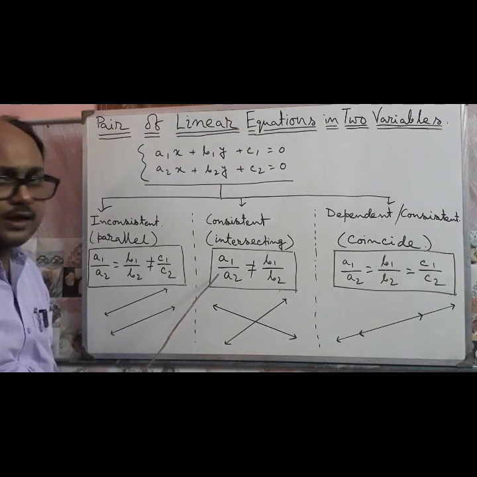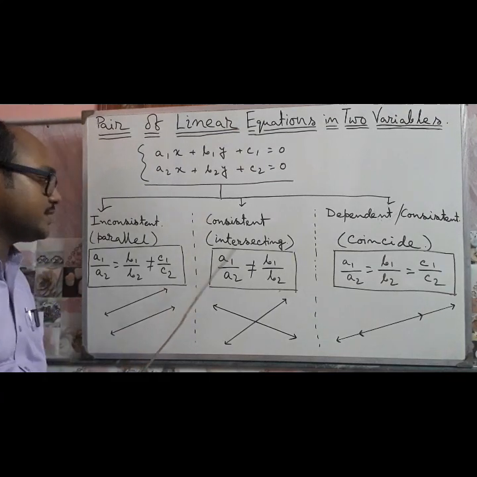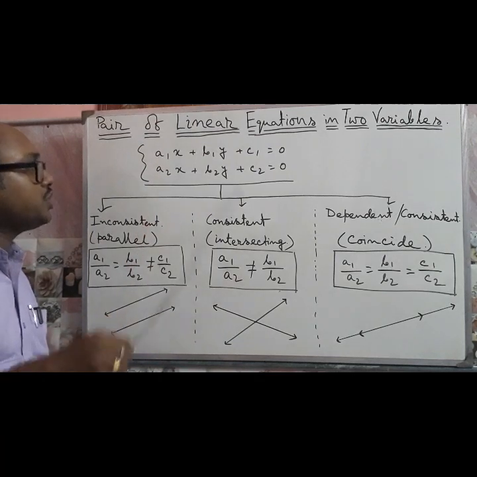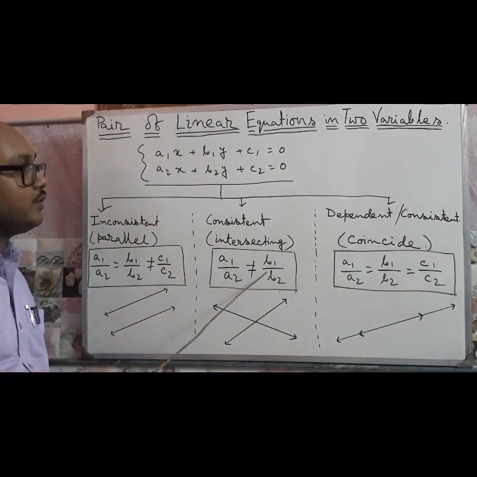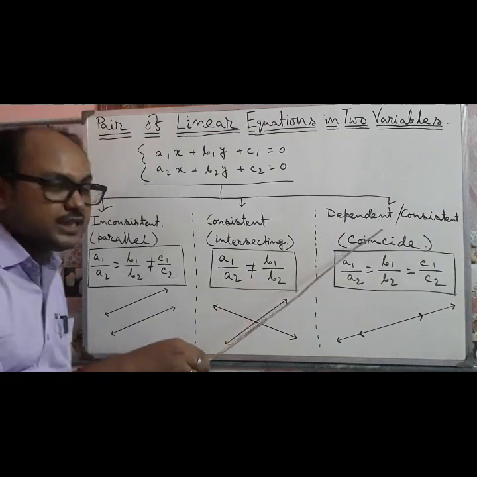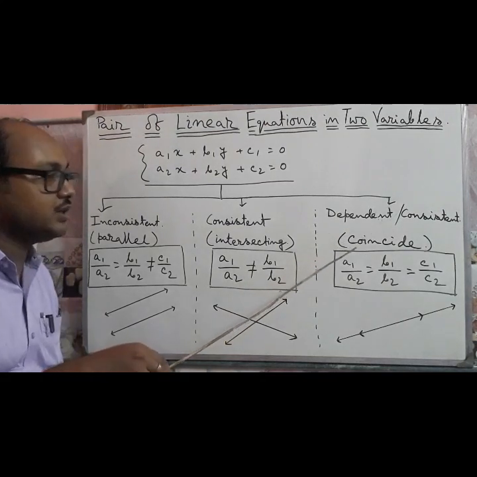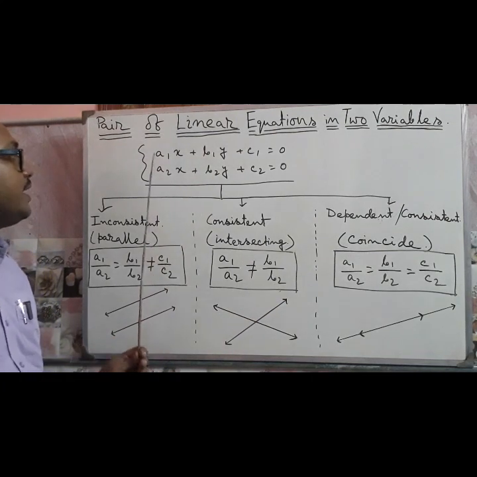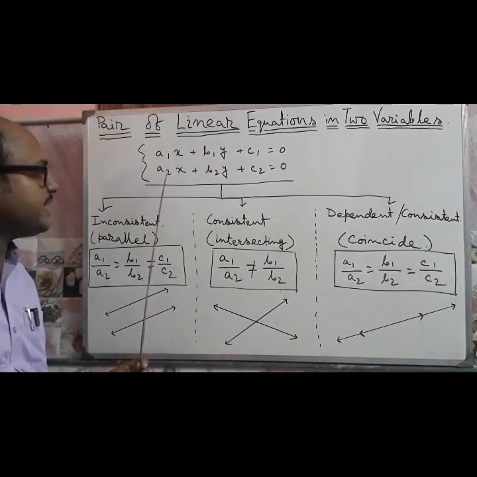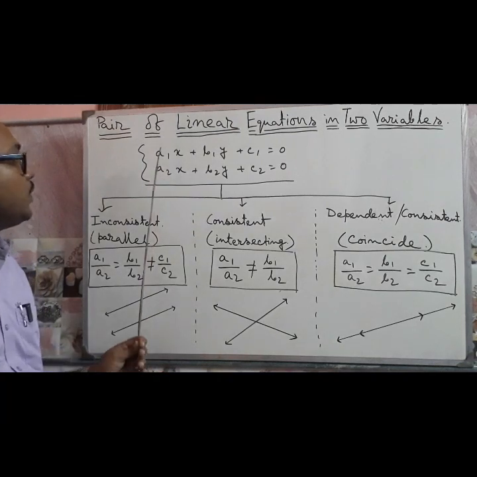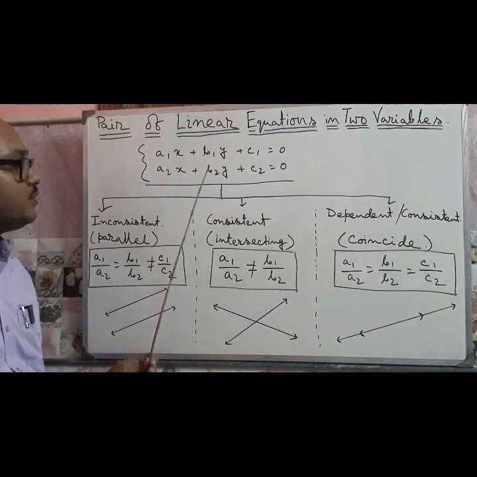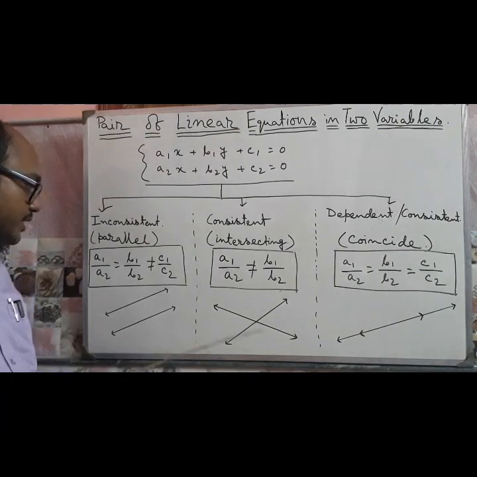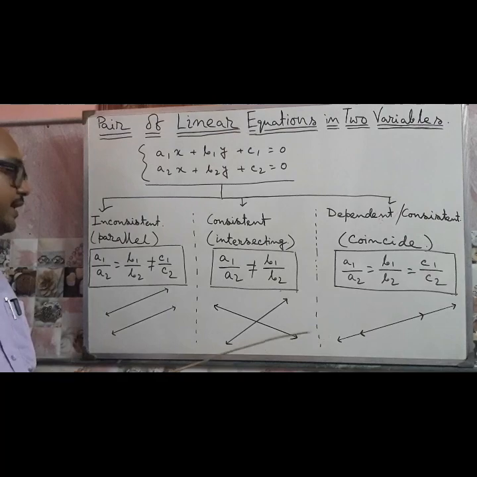For the consistent case, that is for intersecting straight lines, a1/a2 is not equal to b1/b2. And when these two lines coincide, all these three ratios are equal, that is a1/a2 = b1/b2 = c1/c2. These are the three pictorial representations of these three cases.